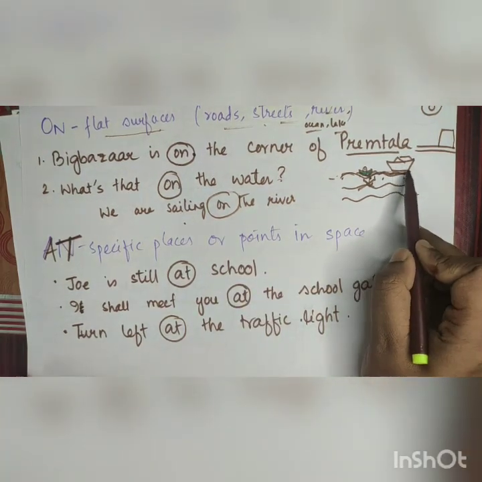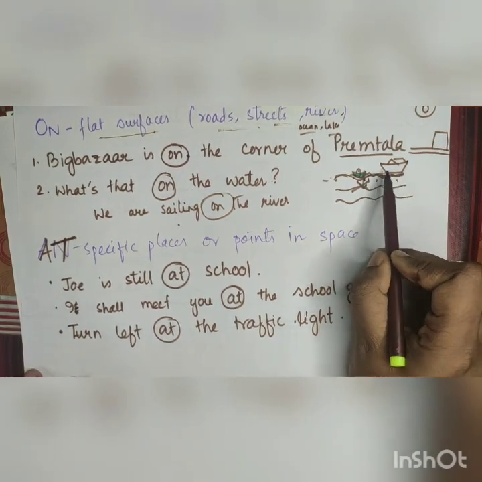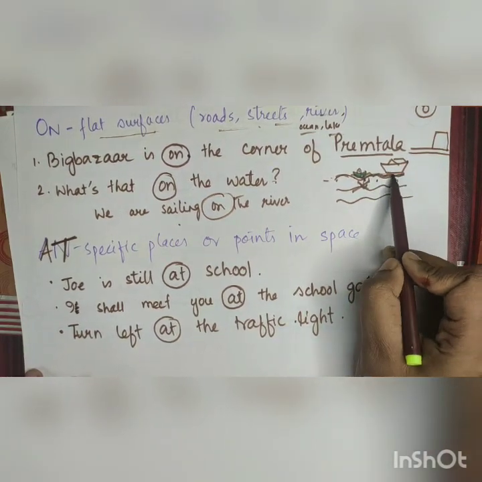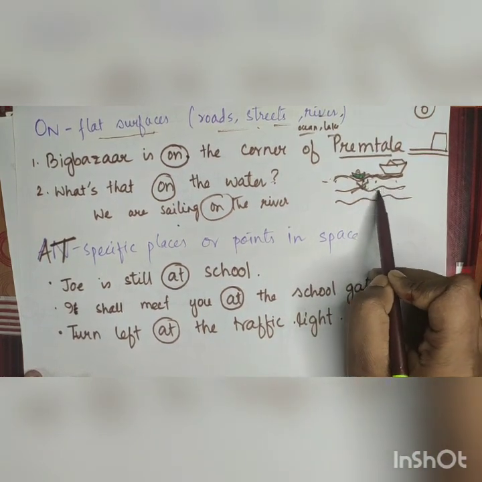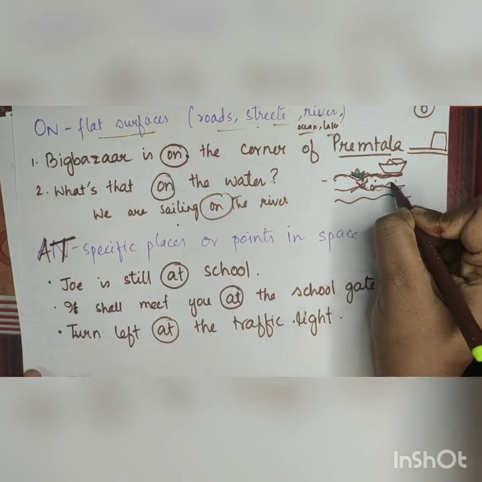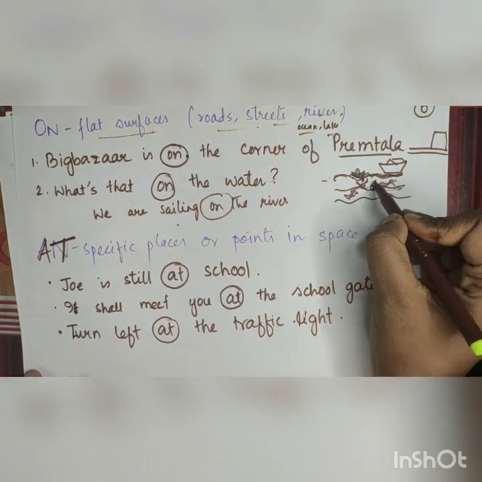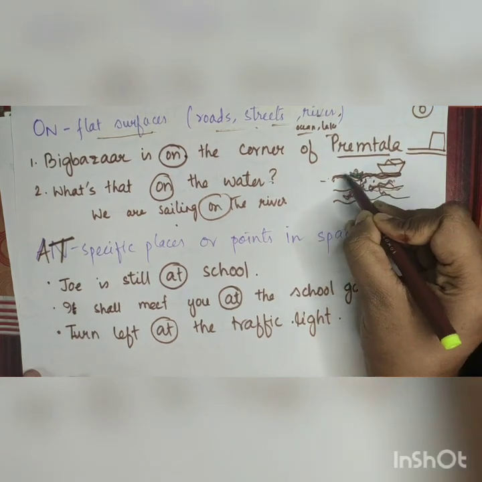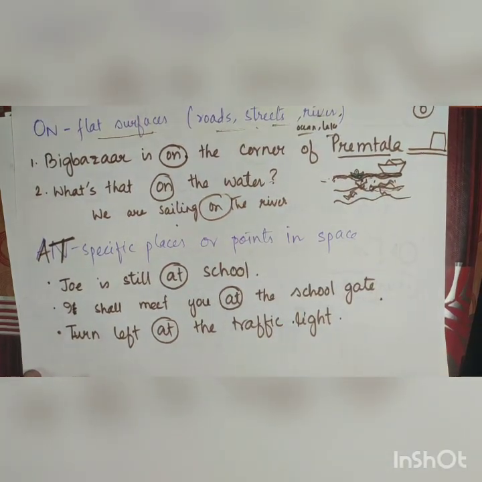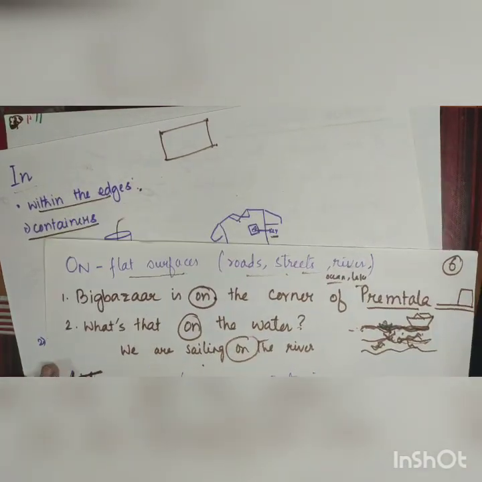Sail means going from one place to another in a particular vehicle, right? This vehicle is a boat. So you are sailing on the river, but when you swim in the river, you are inside the river swimming, or fishes are swimming in the river, and you are sailing on the boat, on the surface of the water. Okay, I hope it's clear. Now this is all about the usage of on.